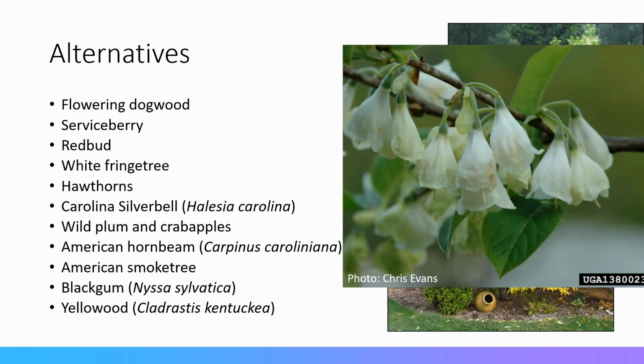Again, if you're thinking, I want some white flowered trees in my landscape: white fringe tree, silverbell. You could even go with the multitudes of cultivars of plum or crabapple. American hornbeam is another good understory tree, smoke tree, black gum, which is probably one of my favorites. And if I find a spot in my yard, I'm going to put a black gum there. And then yellowwood is another good one out there.